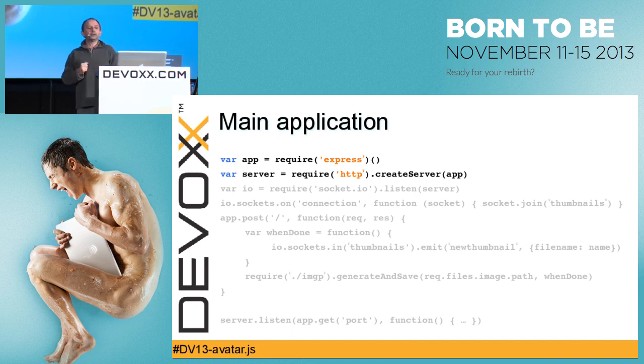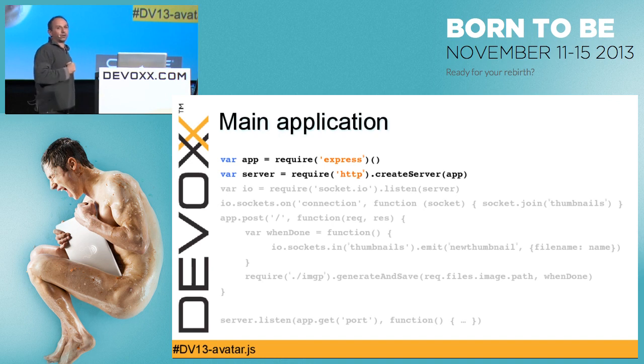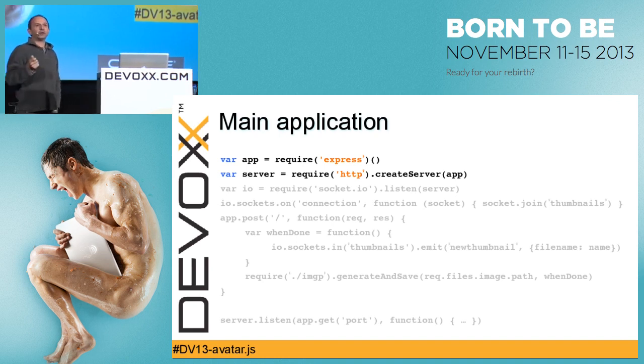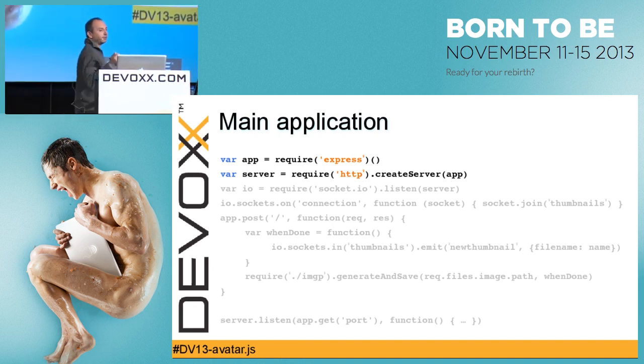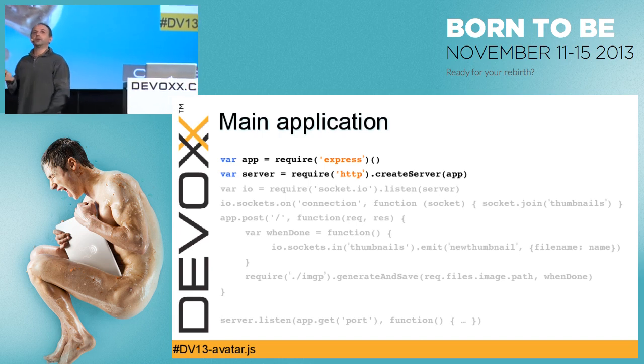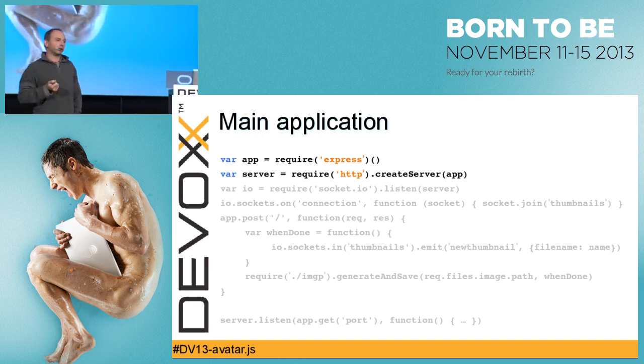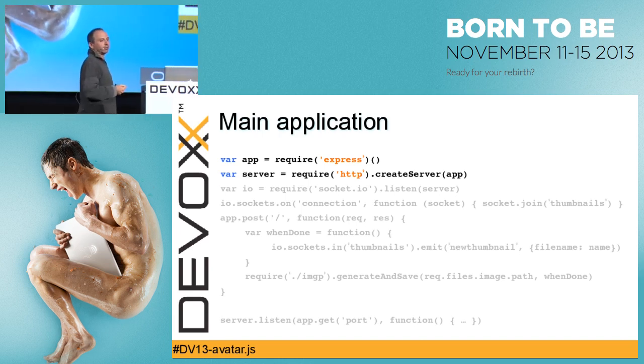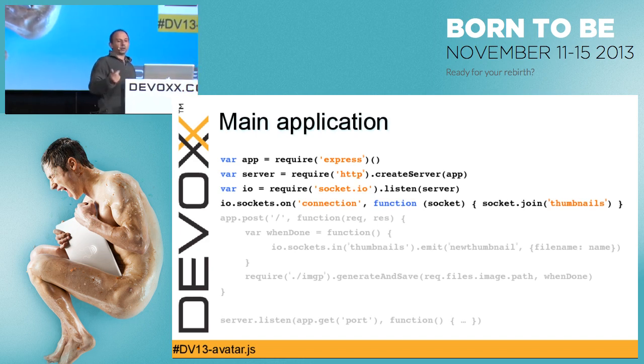We are requiring the HTTP module of Node and asking it to create a server, passing to it Express. In this case, Express plays the role of a request listener. Each time the server receives a request, it calls the request listener that has been passed as parameter.